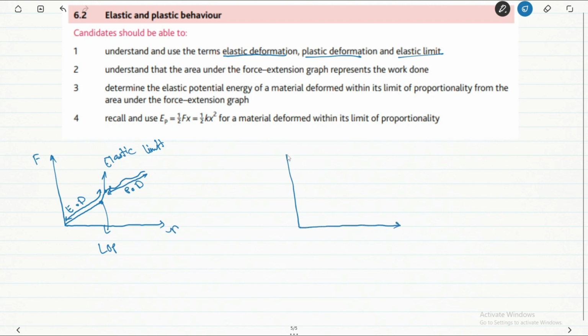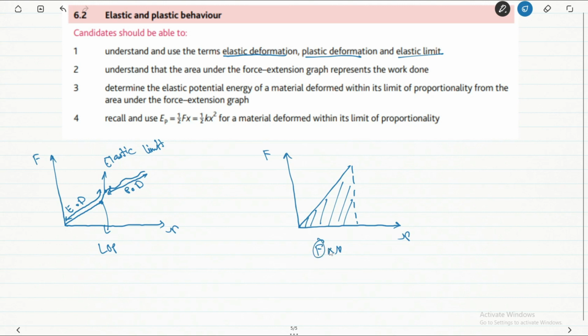Now moving on to another fx graph, right? Now understand that area under the force extension graph represents the work done. For example, this is the force extension graph and the limit of proportionality hasn't been reached. And this is the force that is applied, and this is the extension. Now, you know that if you find the area under this, you are essentially just multiplying f and x, right?